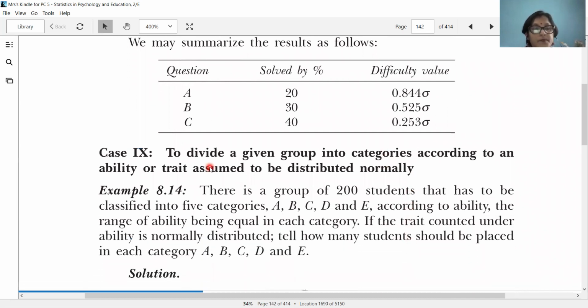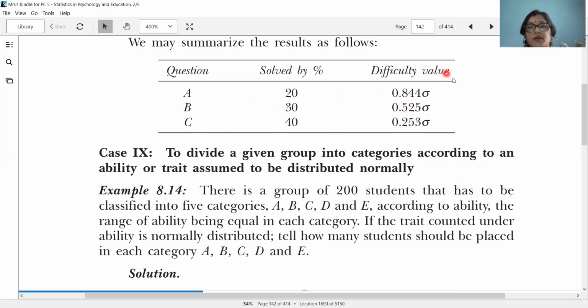Okay. Now, according to the problem, question A is solved by 20% and the difficulty value is 0.844 sigma. Problem B is solved by 30% and the difficulty value is 0.525 sigma, and question C is solved by 40% of the group and the difficulty value is 0.253 sigma.